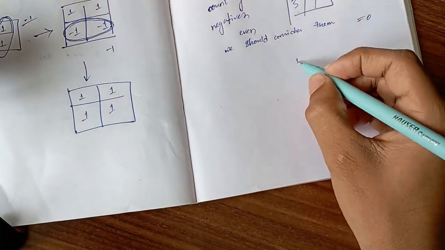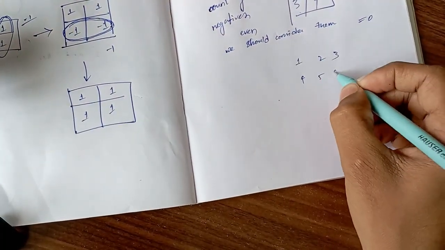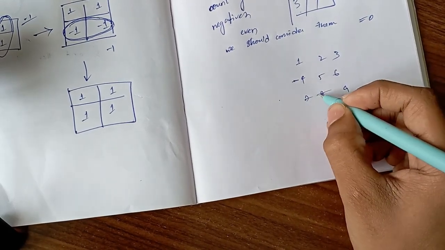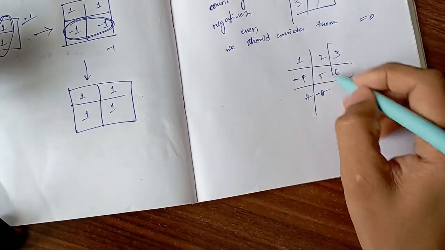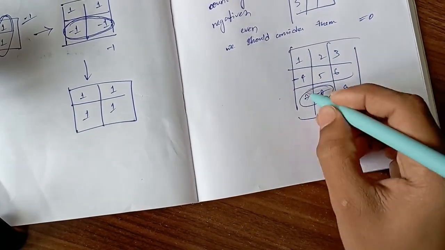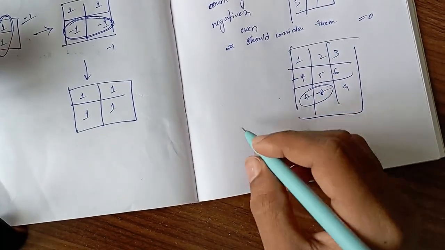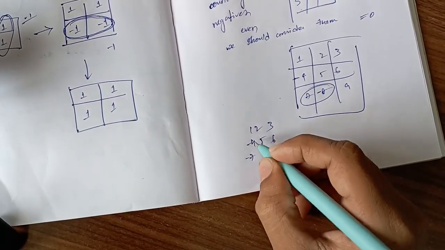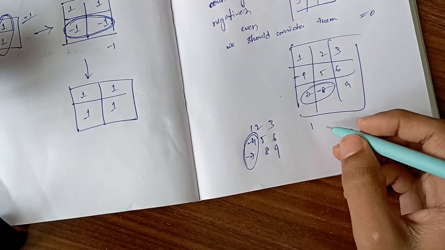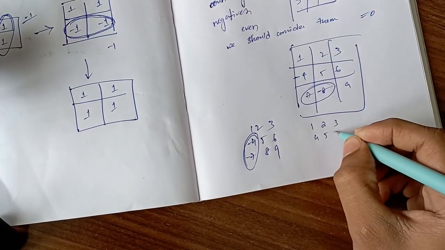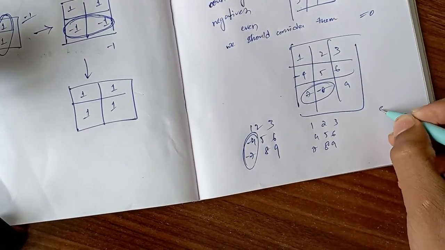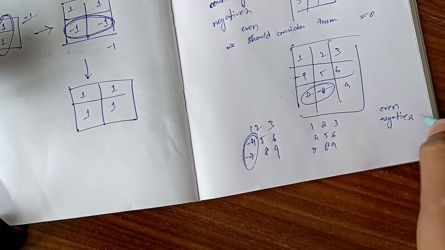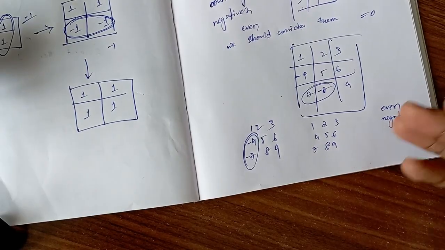For example, if we have 1, 2, 3, 4, 5, 6, 7, 8, 9 with -4 and -8, consider this matrix. If you multiply these two by -1, it will become 1, 2, 3, -4, 5, 6, -7, 8, 9. If you consider these two, it will become, by the operation, 1, 2, 3, 4, 5, 6, 7, 8, 9. That means if we have an even number of negatives, we need not consider removing elements.